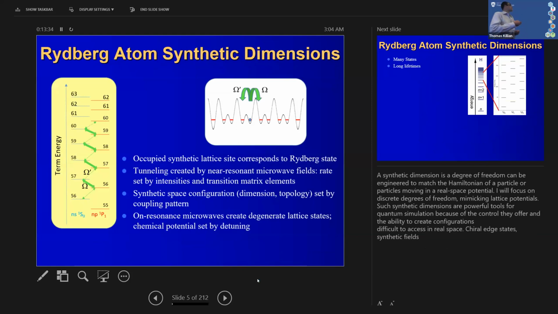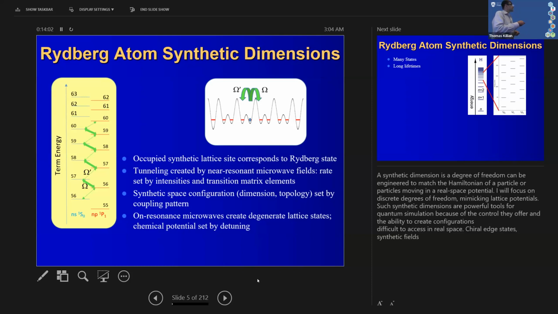So how does it really work? You take a collection of Rydberg states. Here I'm showing a ladder of S and P states, and you identify some subset of them as the analogs of sites on a real lattice. And so a particle at a certain site in a synthetic dimension will correspond to the internal state of this atom being in a certain one of these Rydberg states.